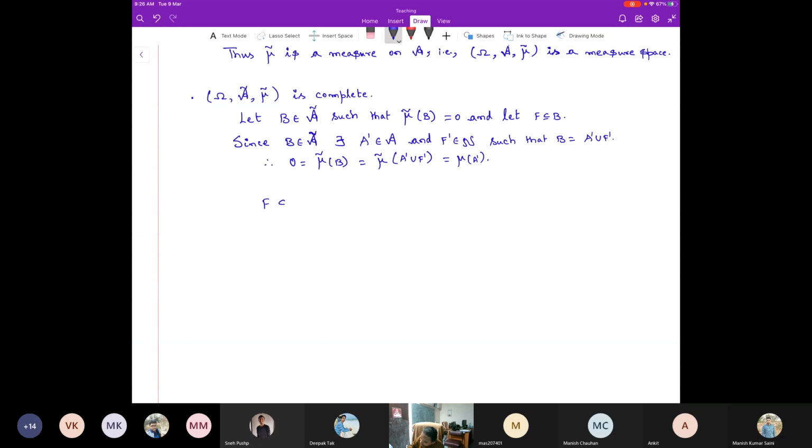So, F is contained in B implies F is contained in, well, I should write it as A dash union F dash.